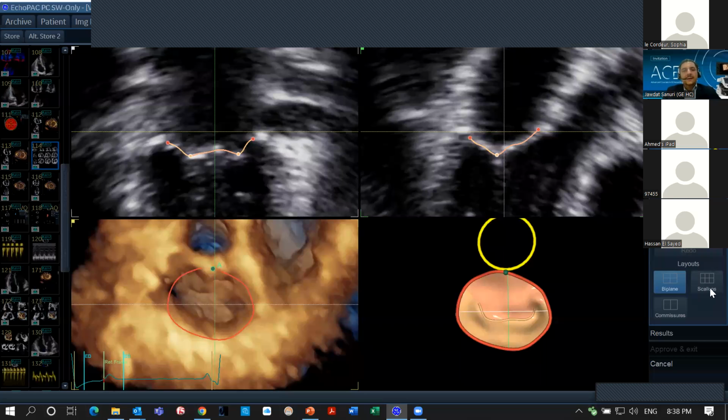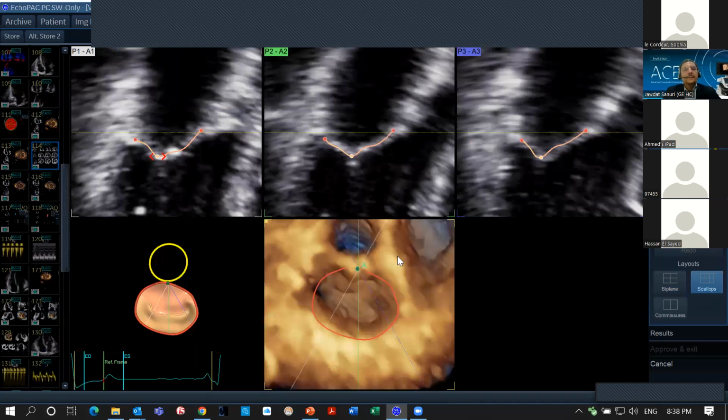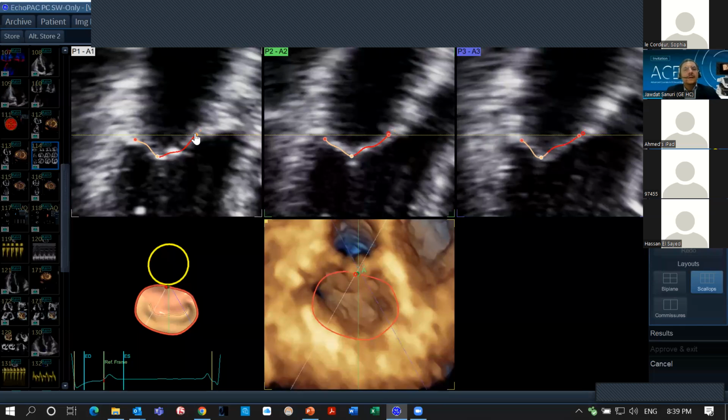If you go to the scallops, we can make adjustments anywhere we don't see it fit, especially for the anterior side, because I think that's where the most exaggeration is. And likewise for the posterior, this posterior side is exaggerated.